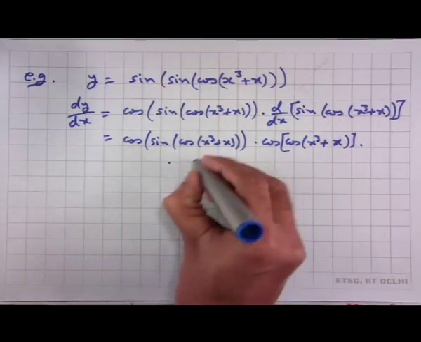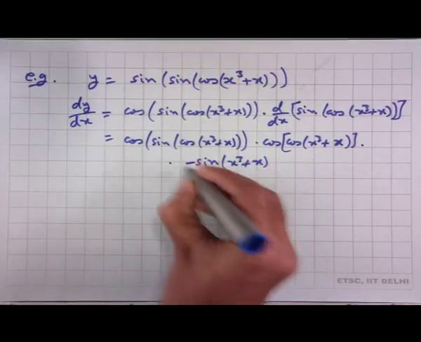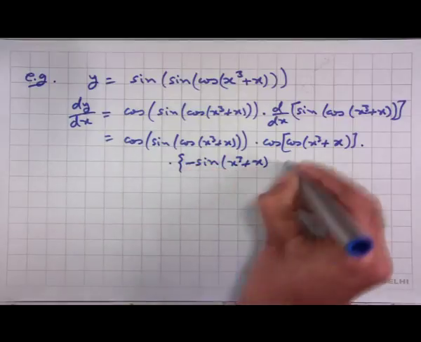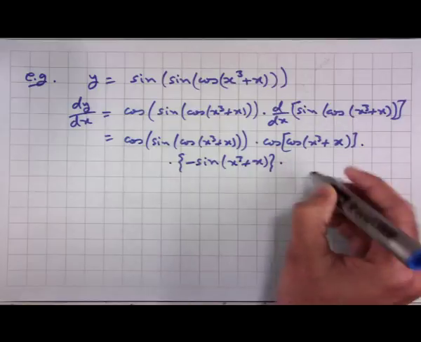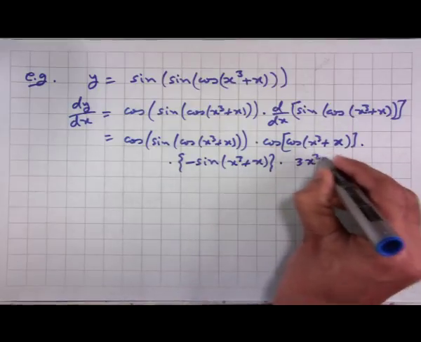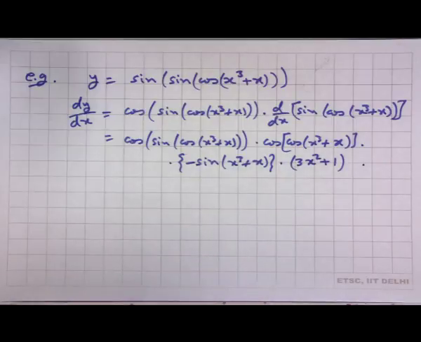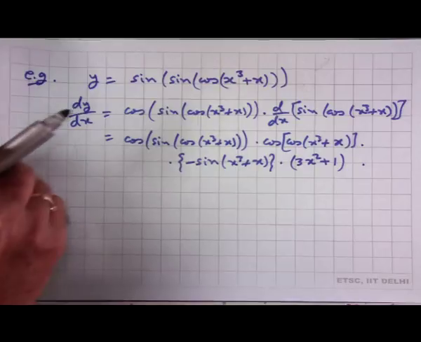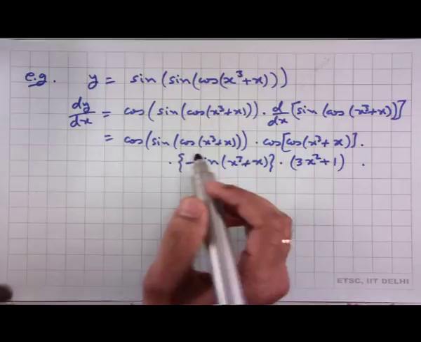So, that gives me negative sine x cube plus x, and then multiplied by the derivative of the innermost function x cube plus x, which gives 3x square plus 1. So, using chain rule we see that we can easily find the derivative. If we have a composition of more than 2 functions, then you use chain rule repeatedly to find the derivative of the composition.